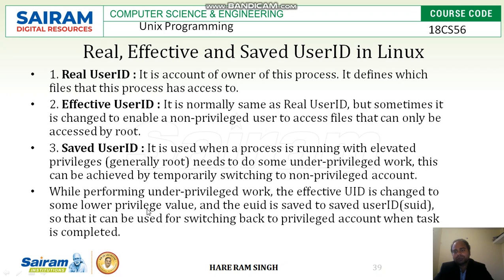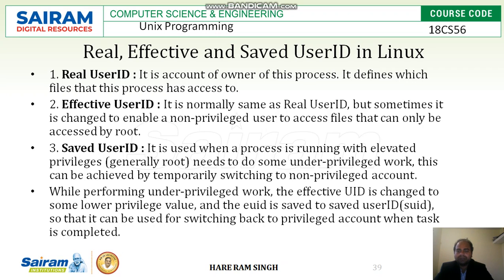In a simple manner, whenever a user logs in and starts a process, a real user ID is provided. Using the real user ID, we can understand who is the owner of a process and what all files that process can access. Next is the effective user ID.